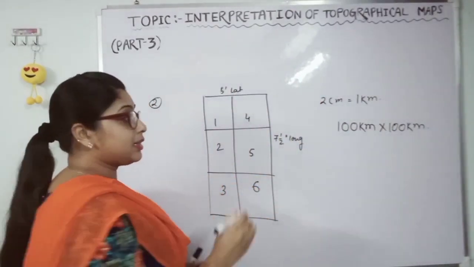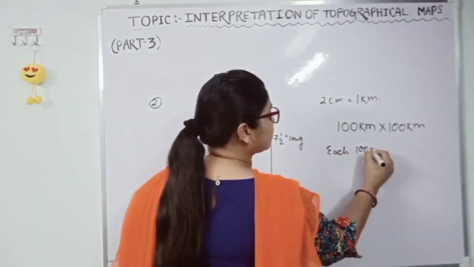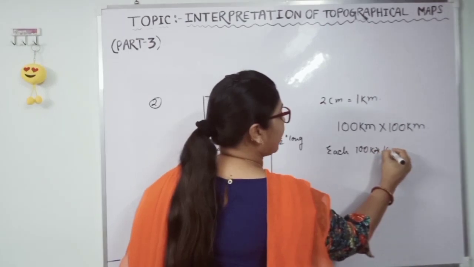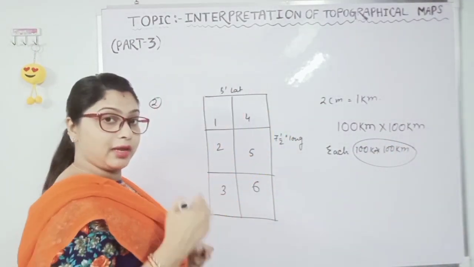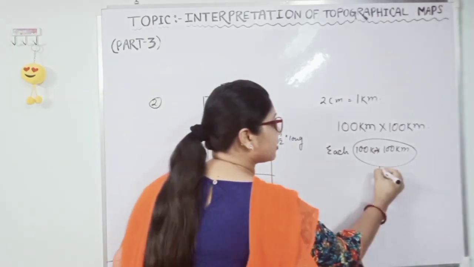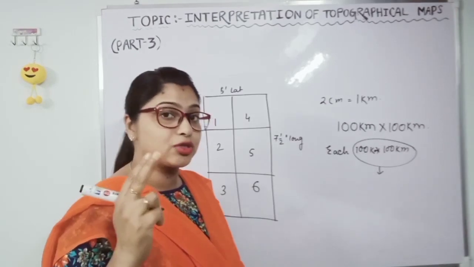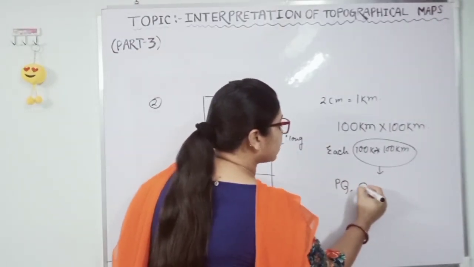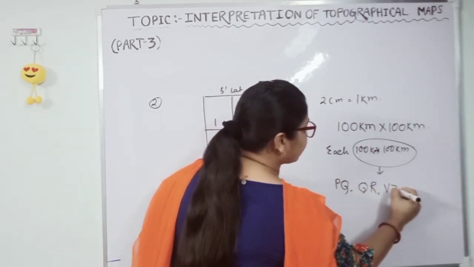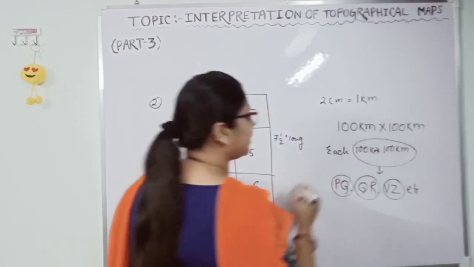Okay, each 100 kilometer by 100 kilometer grid has been given a name, any two letters of the English alphabet like PQ, QR, VZ, etc. In this way, each grid is given a two-letter name.